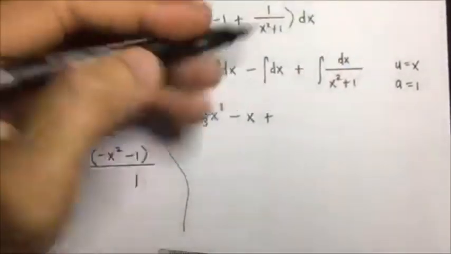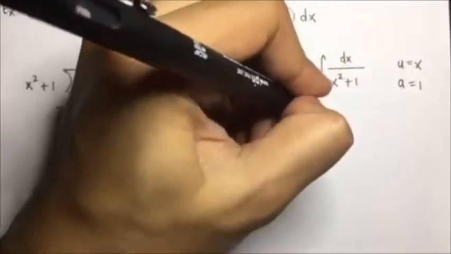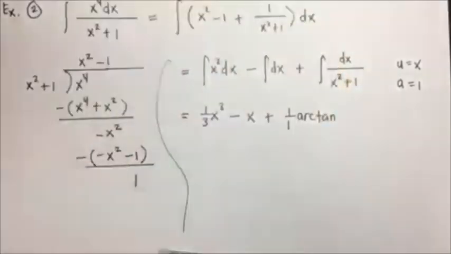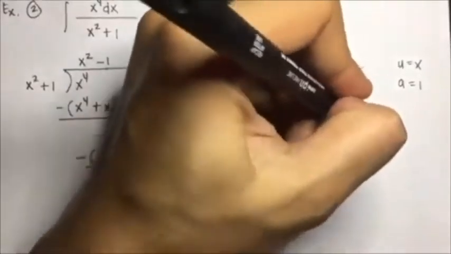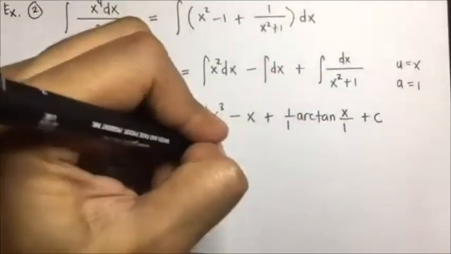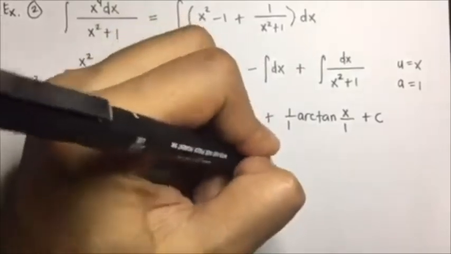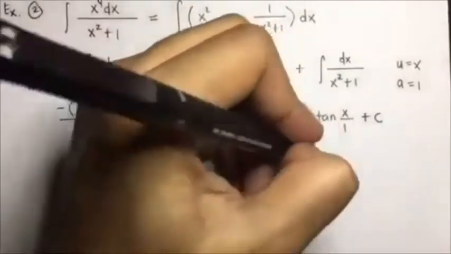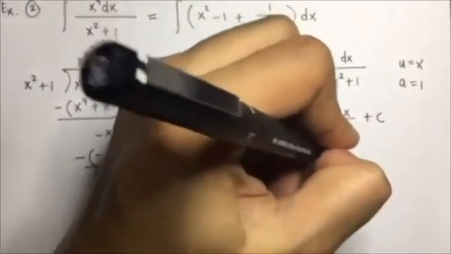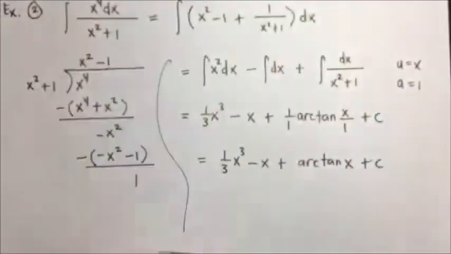So 1 over a, so 1 over 1, arctan of x over 1 plus c. Simplifying, we'll have 1/3 x cubed minus x plus arctan of x plus c.